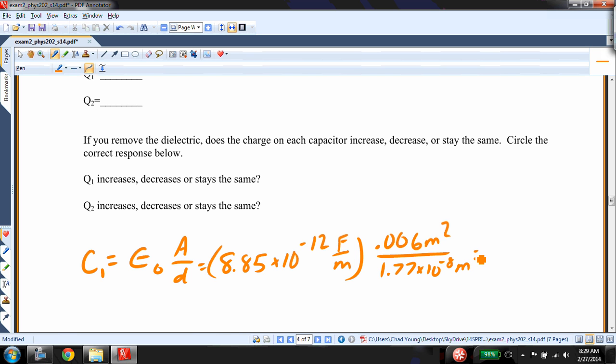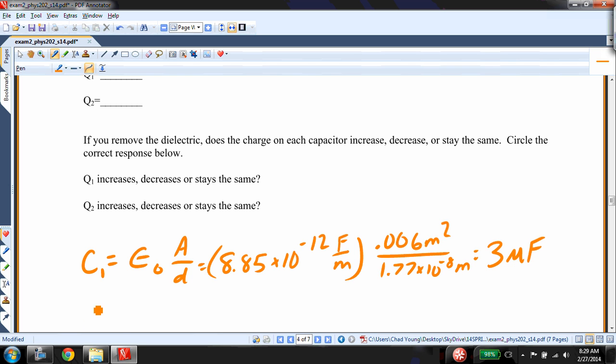If I put those numbers in, I get a nice even value. Let me just double check it though. Yeah, I get 3 times 10 to the minus 6, or 3 microfarads.